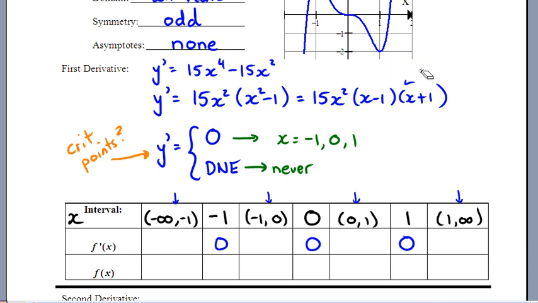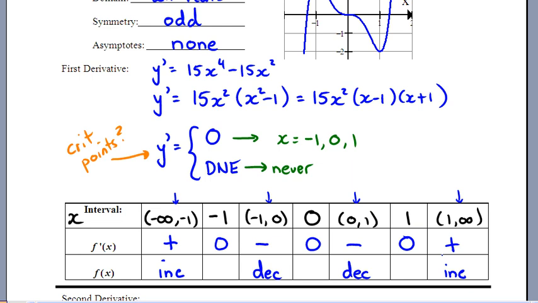And what I found, you can try this out, just double check me, but I found the first derivative was positive, then negative, then negative again, and then positive. So notice how I'm saying it, right? The AP markers don't like it if you say, it's positive. The derivative is positive, then negative, negative, and then positive, which means the function was increasing, decreasing, decreasing again, and then increasing again.